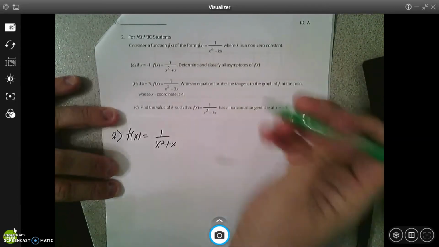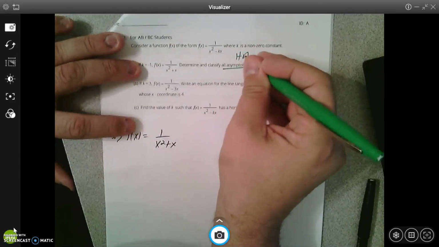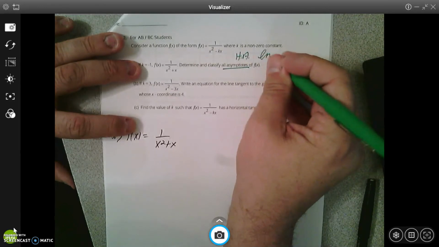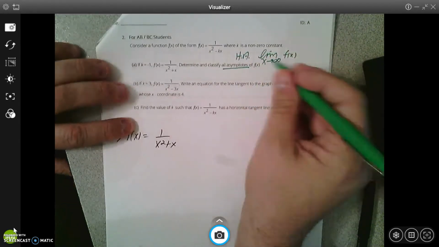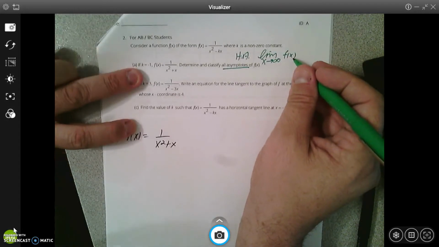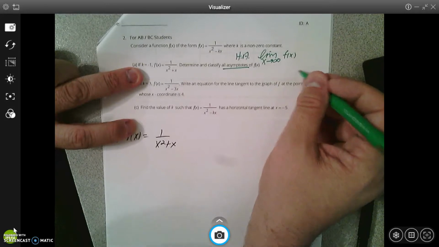Well, when it comes to asymptotes in AP Calculus, we have horizontal asymptotes. To find a horizontal asymptote, we take the limit as x approaches infinity of the function, and depending on the function, we also look at the limit as x approaches negative infinity.